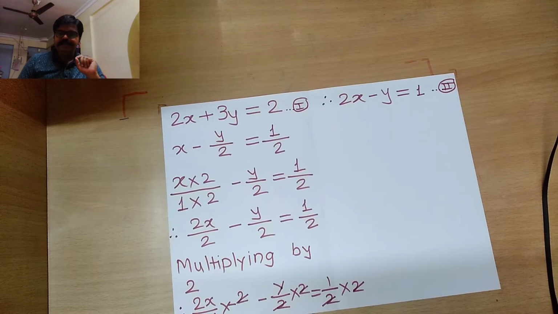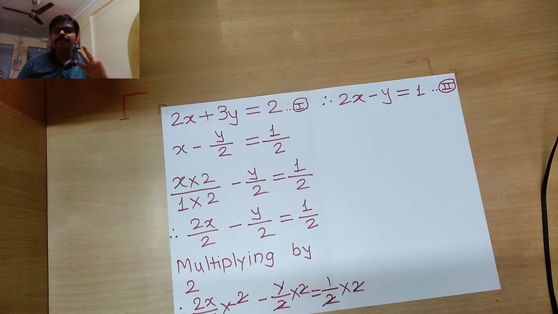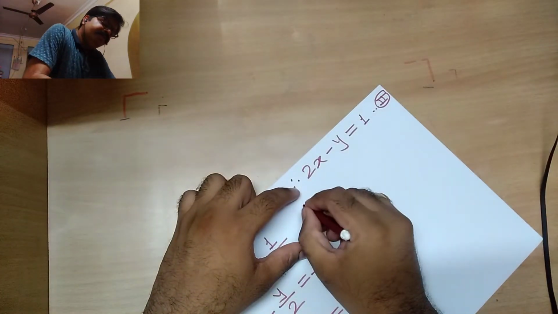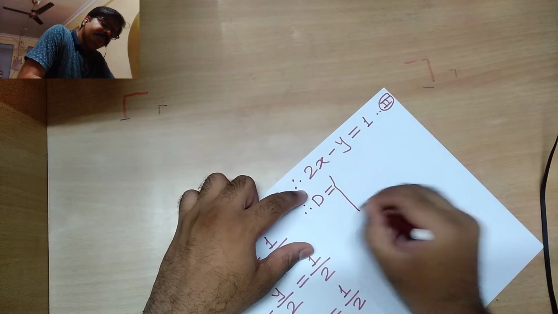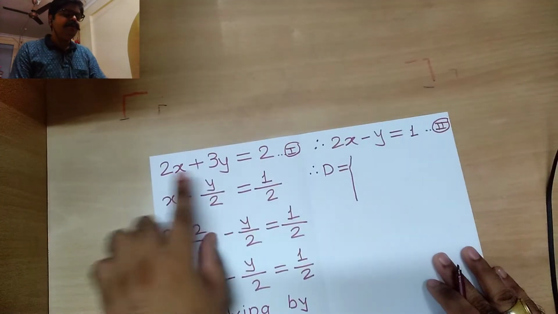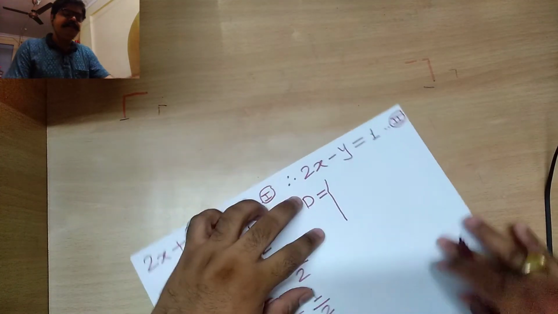Once we have done the same, now what exactly are we going to do? We are going to follow our standard procedure for Cramer's rule. Okay, so as usual we are going to calculate those 3 D's: D, dx and dy. So while calculating first D, it will be 2 plus 3 and 2 minus 1.